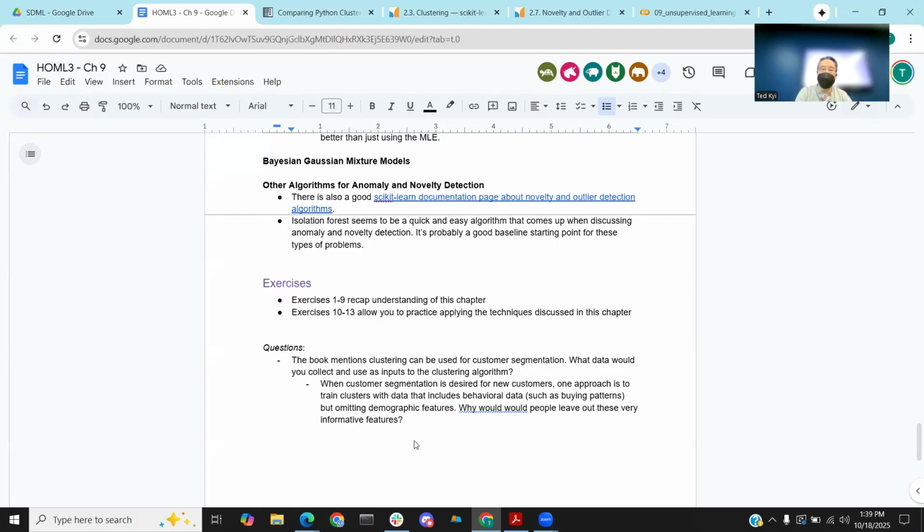But they do not include any demographic features in the clusters they build, even though those demographic features often are very strong for building the clusters. And so my question is, why would people leave out these very informative demographic features when they're building the clusters for new customer segmentation?